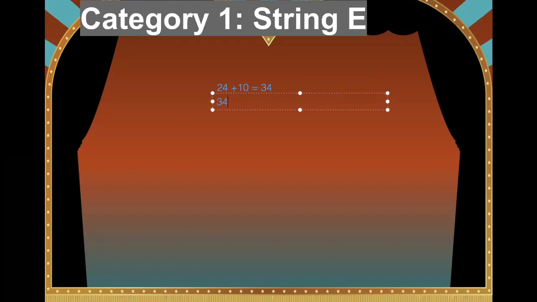But then let's say I have 34 plus 10 equals 44. Do you see how I have the numbers lined up together and the plus symbols lined up together and the tens lined up together and the equal signs lined up together and the sums lined up together? That's what I want you guys to do when you do your number string.